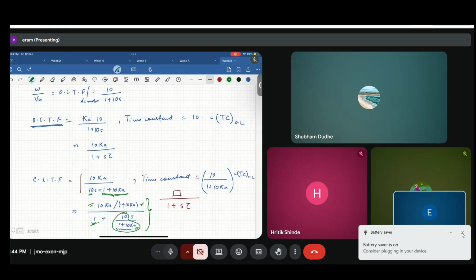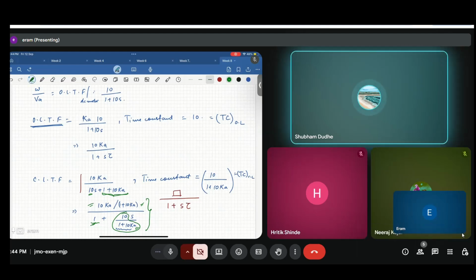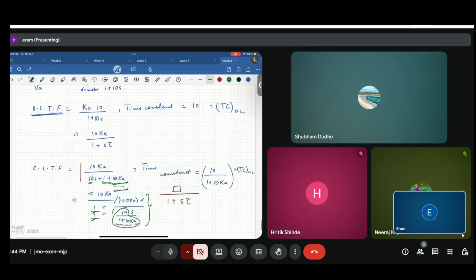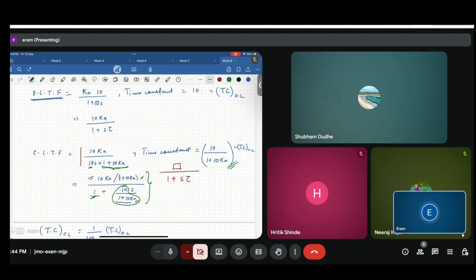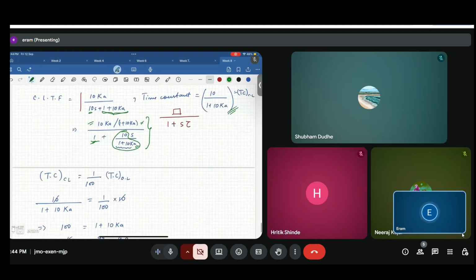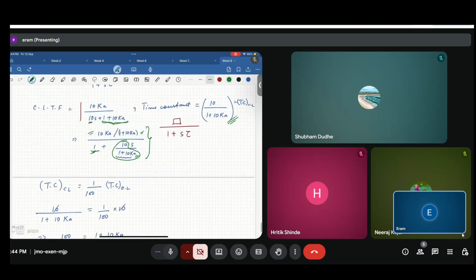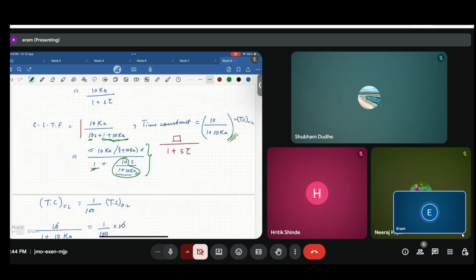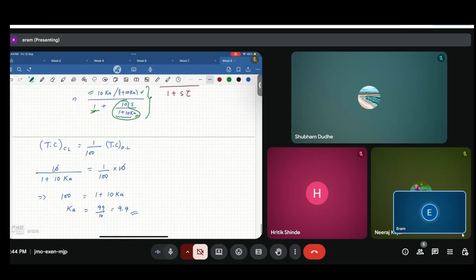Okay. Now, ma'am, how is this tau used in the next step? Okay. So this time constant we got, and then we are asked to calculate the value of gain such that the time constant of closed loop equals 1 by 100 times the time constant of open loop.